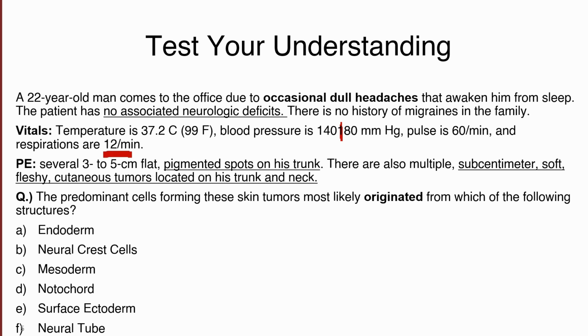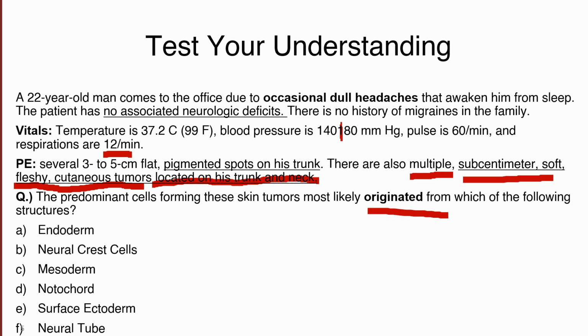On physical examination, several 3 to 5 centimeter flat pigmented spots on his trunk are noted. There are also multiple sub-centimeter soft fleshy cutaneous tumors located on his trunk and neck. The predominant cells forming these skin tumors most likely originated from which of the following structures?